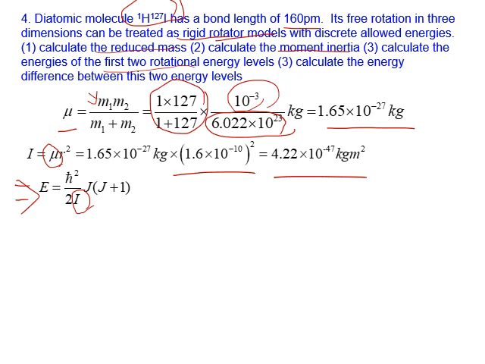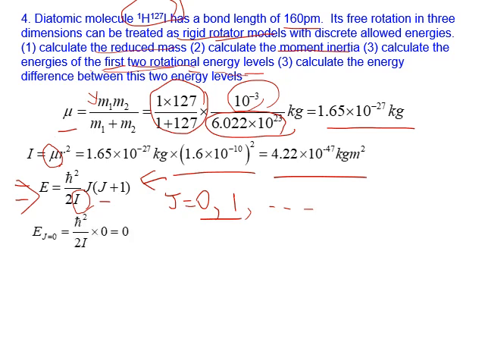So now we are ready to use this equation. And what is J? Well, it asks you to calculate the first two rotational energy levels. So what are the possible J or L? The lowest one is J equals 0, and then 1, and keep going. So when J equals 0, the energy is 0.